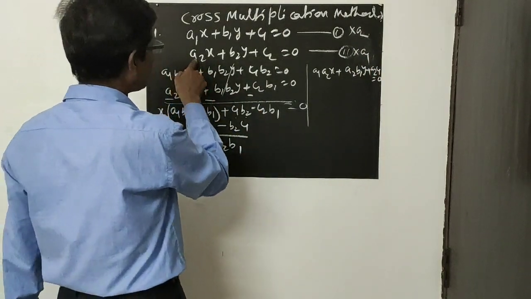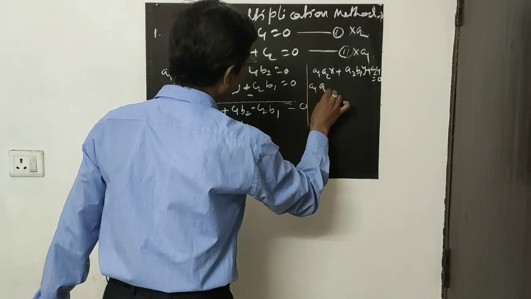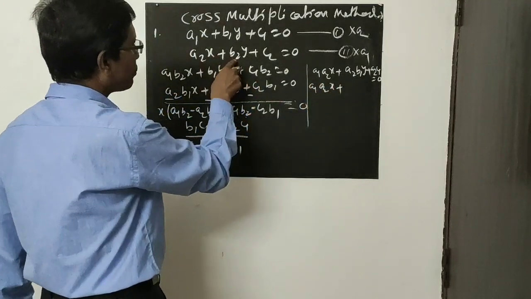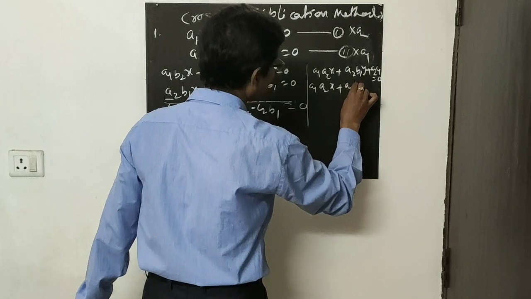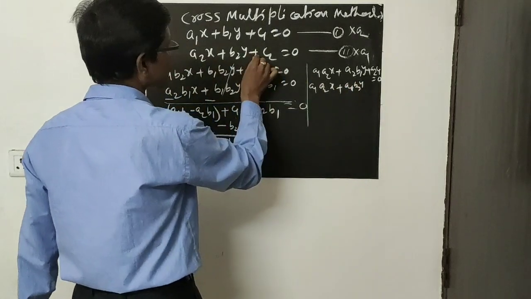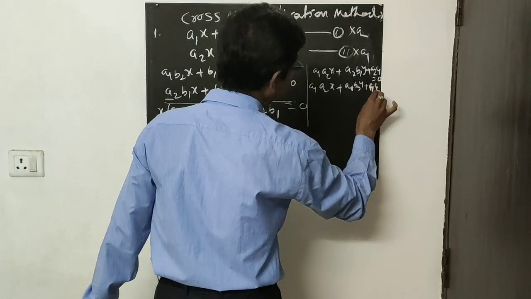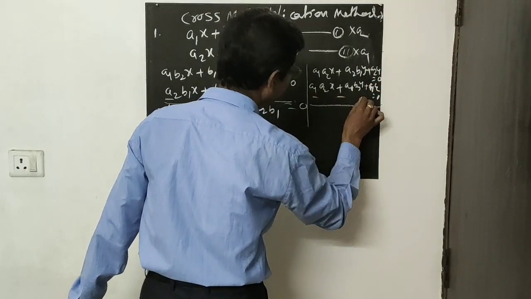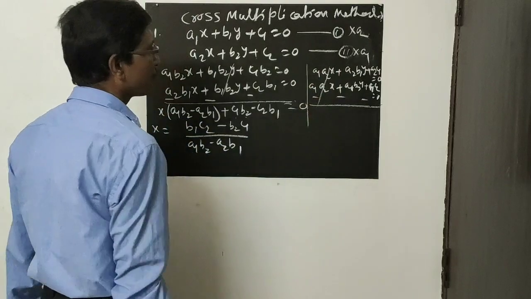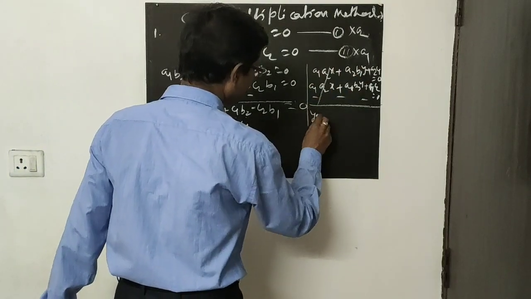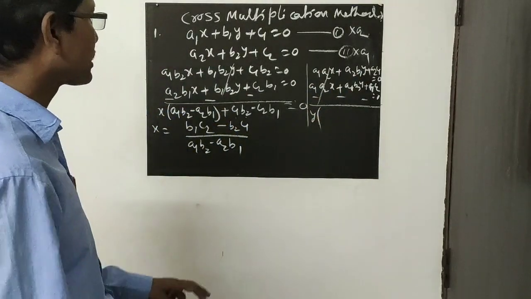Again the other one by a1, so a1 a2 x plus a1 b2 y plus a1 c2 equal to 0. If you subtract, x will be removed. So from here again you get common y.